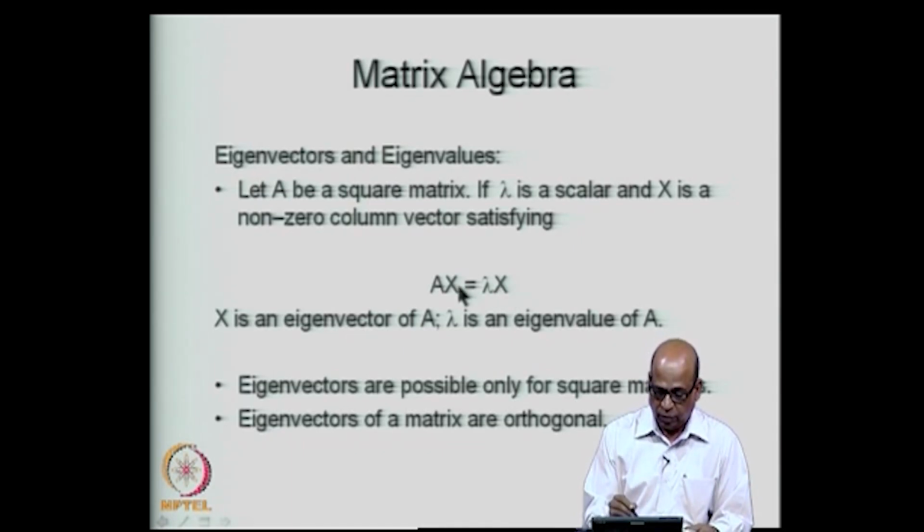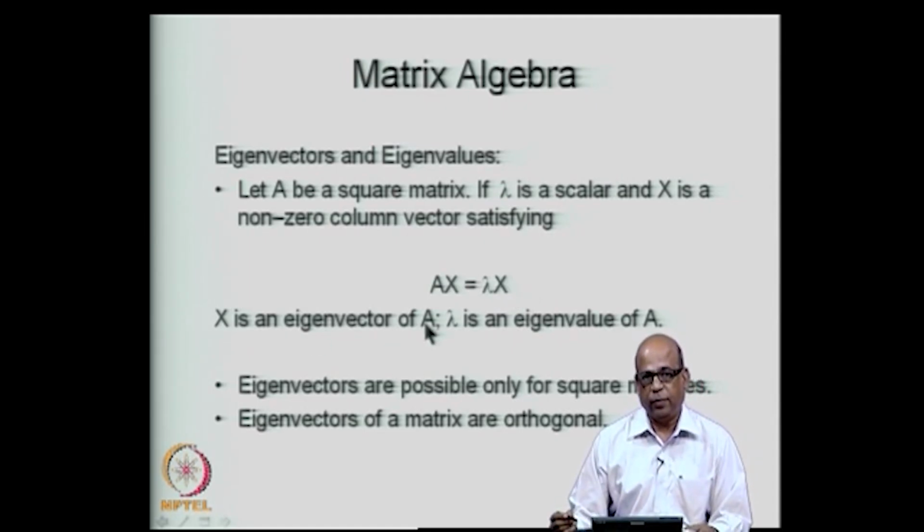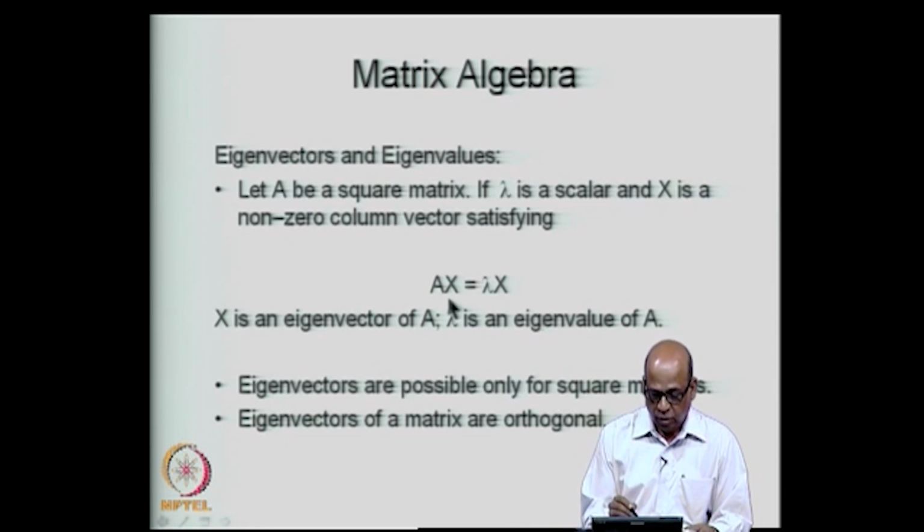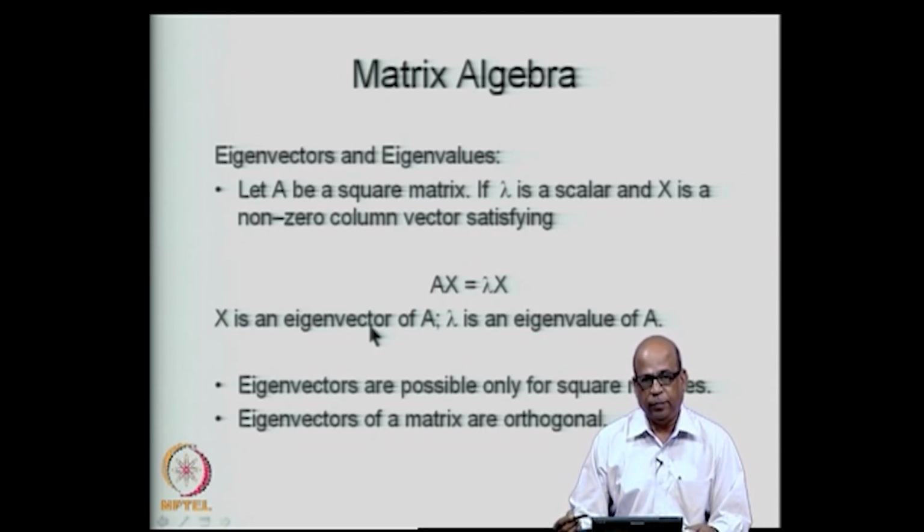Now, this column vector x is an eigenvector of A, and lambda is an eigenvalue of A. That is, if you can find a vector x which satisfies A x is equal to lambda x with lambda as a scalar and x being a column vector, then it is called an eigenvector of A, and the associated value lambda is called an eigenvalue of A.